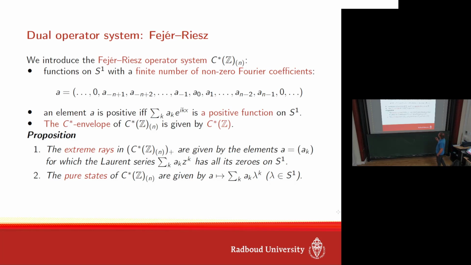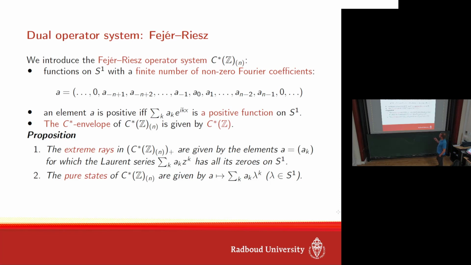as elements A, and that's a property that you can check on these A's, where these zeros are all on S1. So in other words, I just have to pick the zeros on S1, a certain number of them, n.